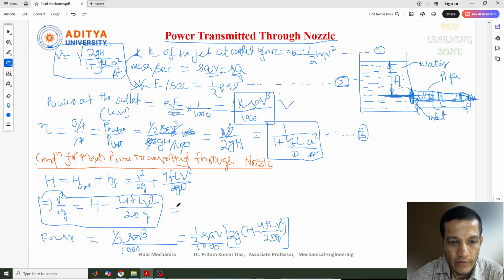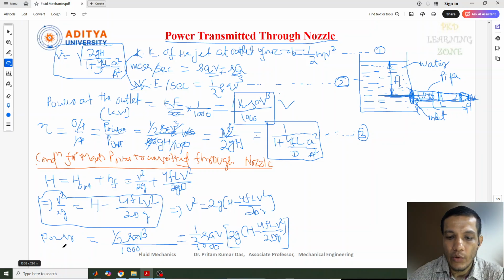The next step from here: V² on one side, and this 2g taken to the right hand side, 2g multiplied by the whole thing H minus 4fLV² by 2dg, bracket close. Just put this value in the same equation, the power transmitted through the nozzle. Next, let's take common terms and solve this, keeping the velocity terms on one side, so that next we can go for the continuity equation.